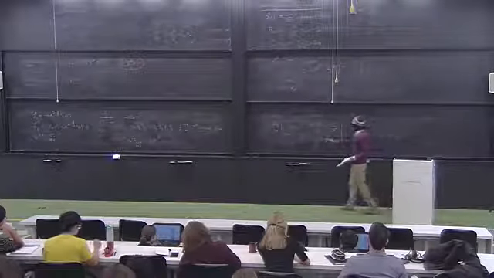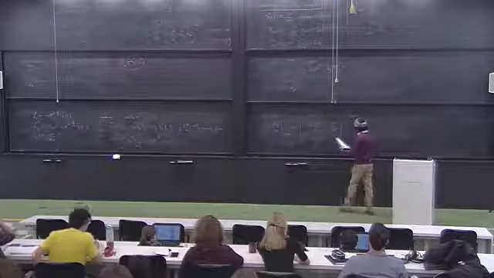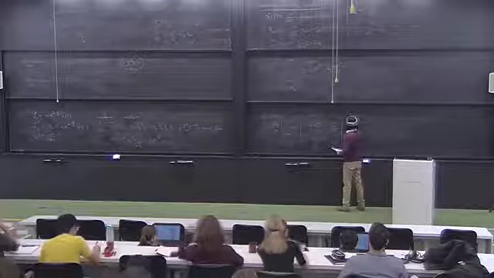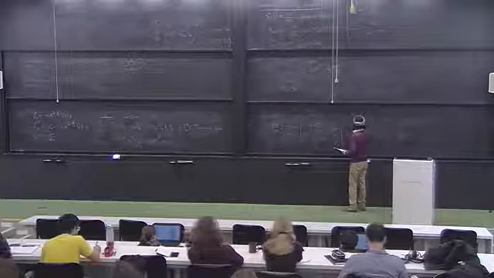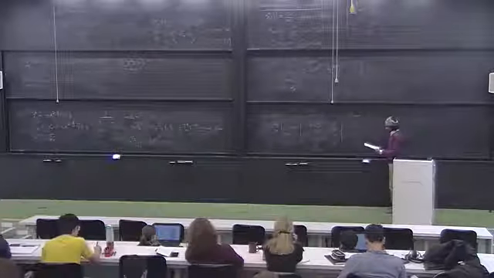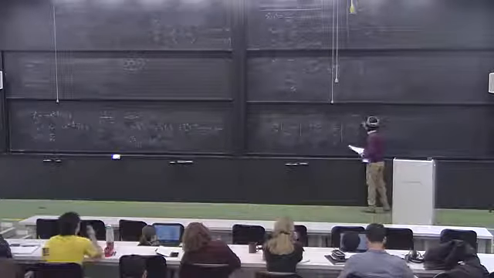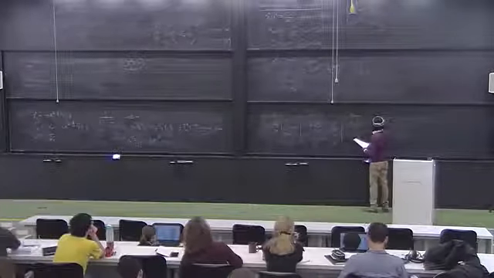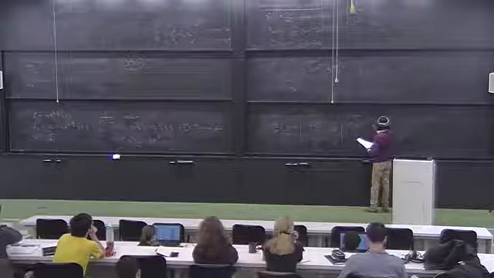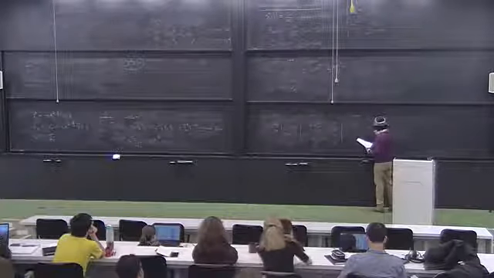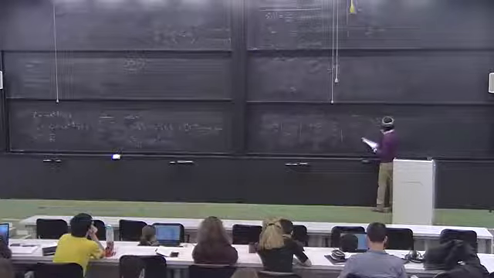Now you can solve this differential equation, and you find that the E at some energy scale, mu, is given in relationship to E at a different energy scale through this formula.